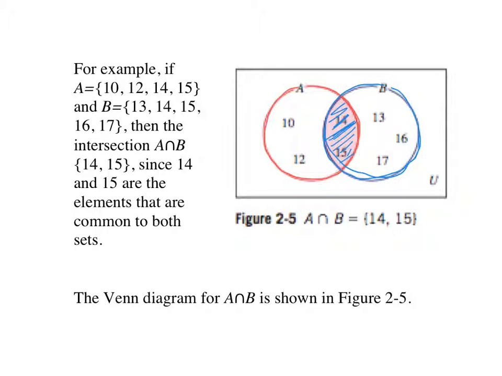Literally, it's like the intersection of roads. So in this case, A ∩ B, which is the intersection, has two elements, 14 and 15. And this is the set builder notation way of expressing this shaded area, which has two elements.